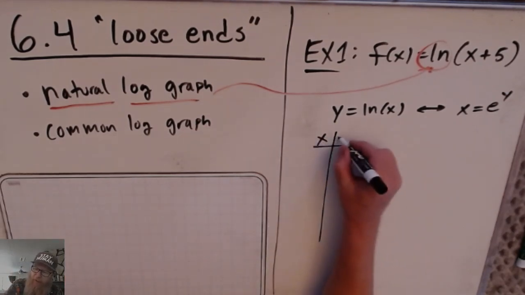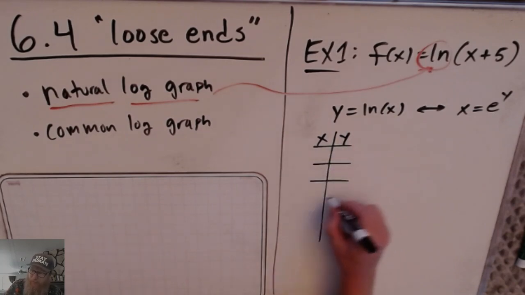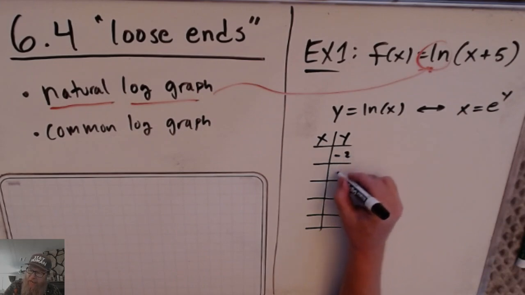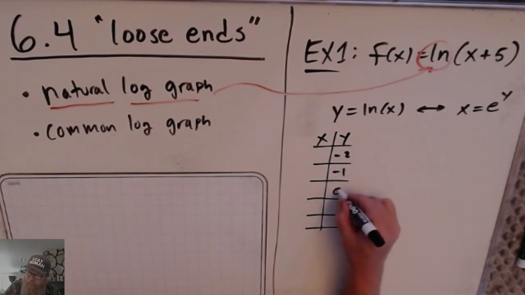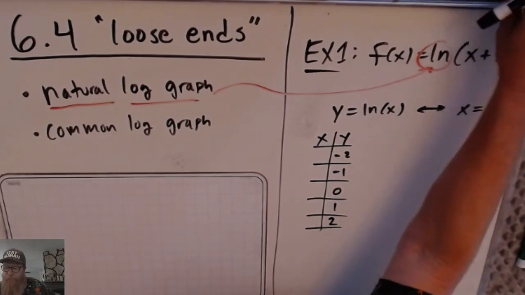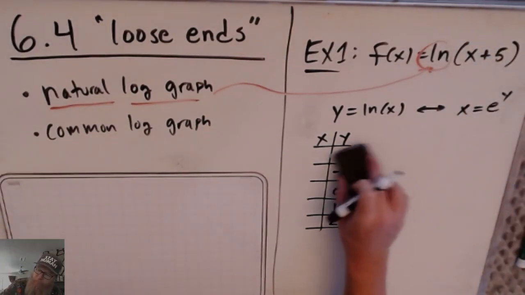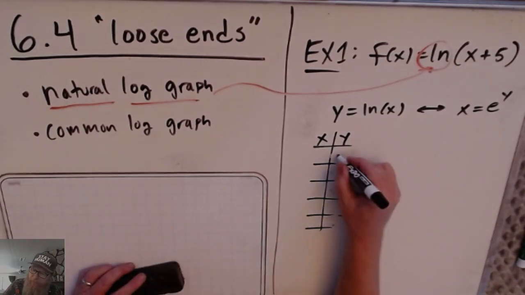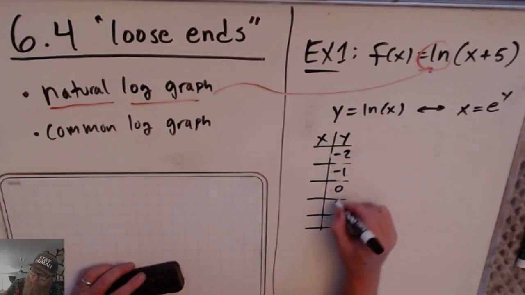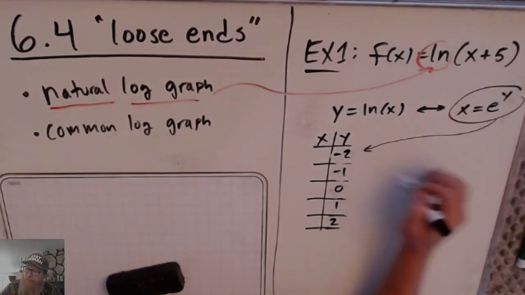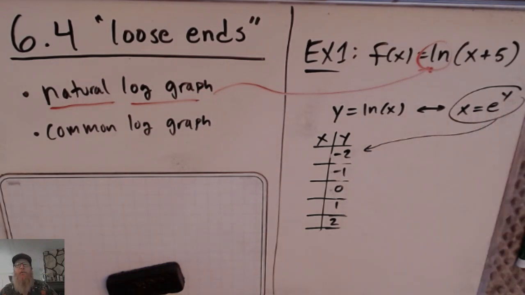So remember, when we make these tables, you're going to have a lot of decimals. Your y values are -2, -1, 0, 1, and 2. Remember, your y values are the same as the x values from your exponential graph.